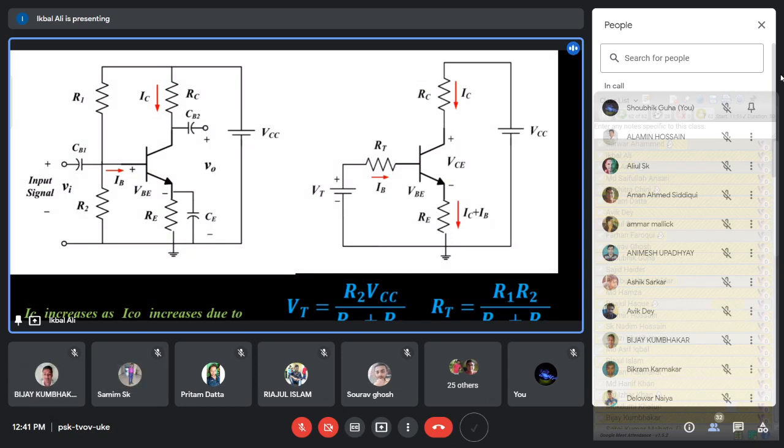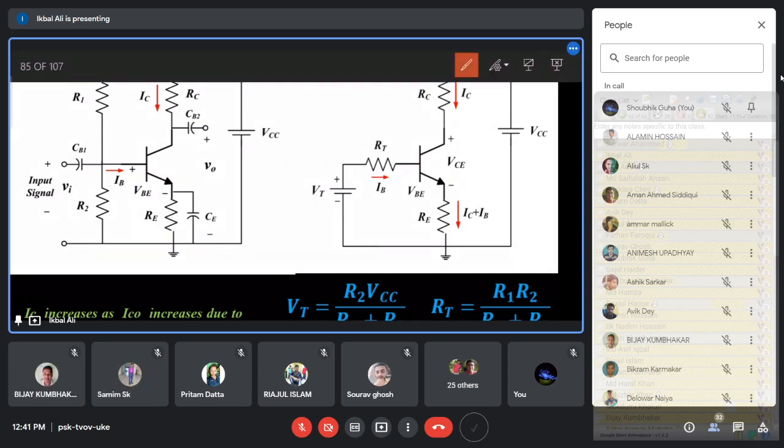Now we will focus on the output side of the transistor, that means this loop and this side of the transistor. Ultimately you have to amplify the signal, and you will get the signal from the collector point.